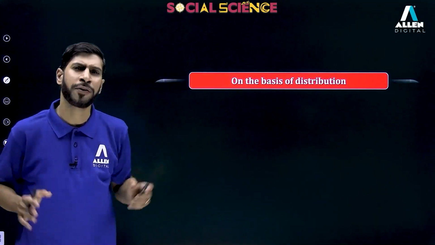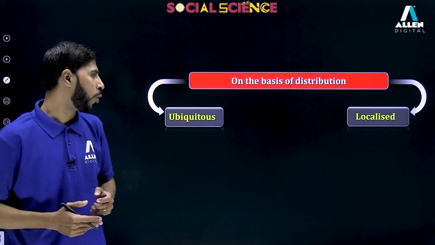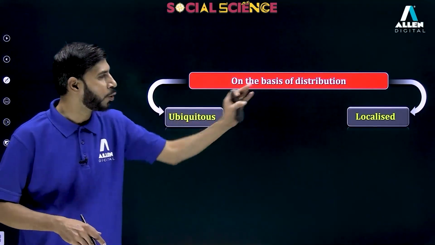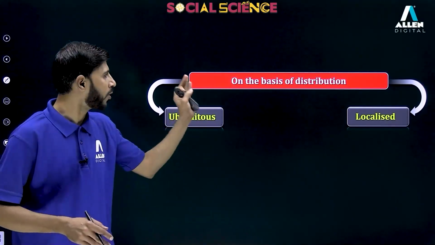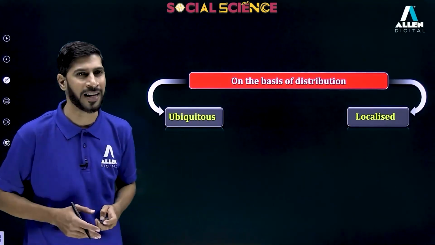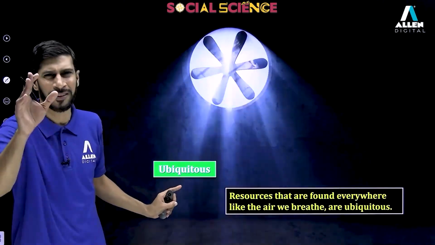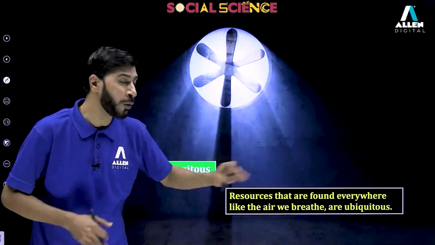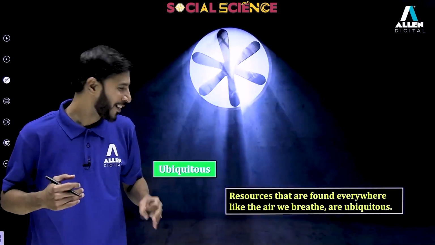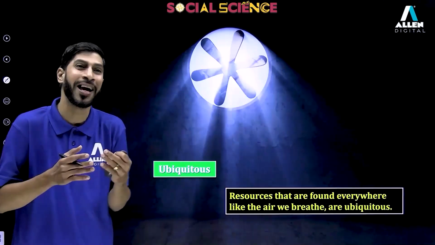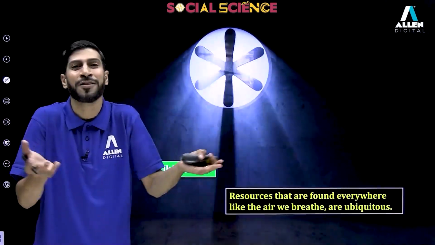Okay, now next we have the basis of distribution. On the basis of distribution, we have again two: ubiquitous and localized. So let us understand. Very simple. Ubiquitous resources are resources that are found everywhere. Like the air we breathe is a ubiquitous resource. Air is found everywhere. Soil is found everywhere.